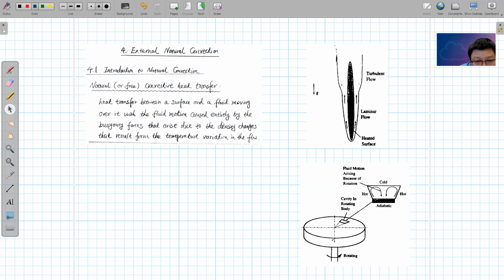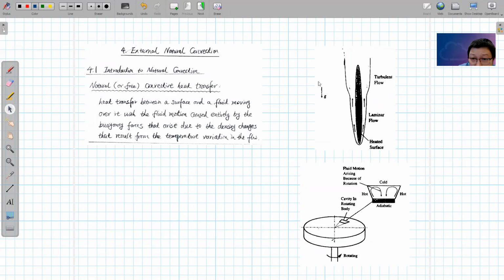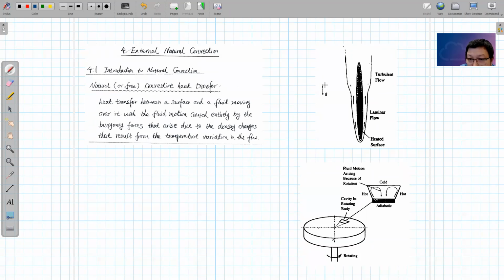So the driving force in this case is gravity. This gravity force gives you the driving force for the fluid.